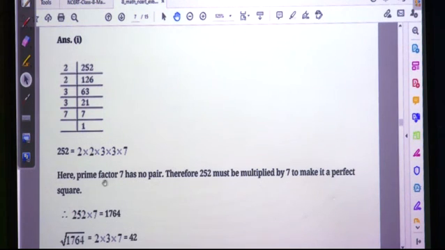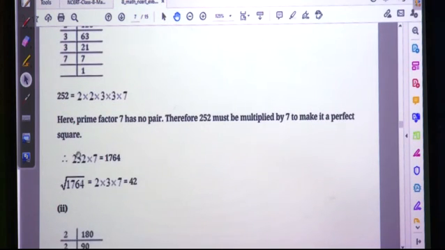So, here prime factor 7 has no pair, therefore 252 must be multiplied by 7 to make it a perfect square. So, 252 into 7 is equal to 1764, and now all the factors will come in pairs.